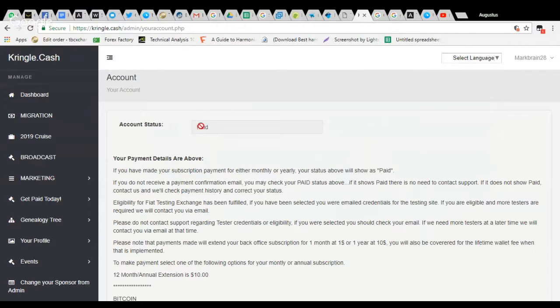Now, if your account is not showing paid, you will not have the migration button in your back office. This particular migration button, you will not have it if your account is not showing paid. So my account is showing paid, so I will go ahead and click on the migration.